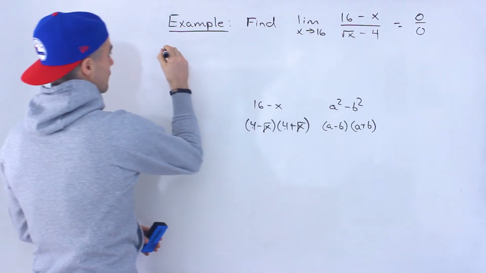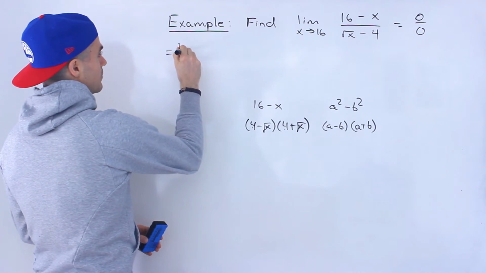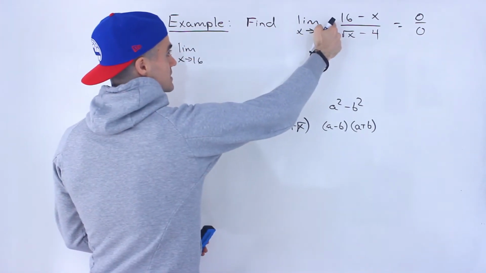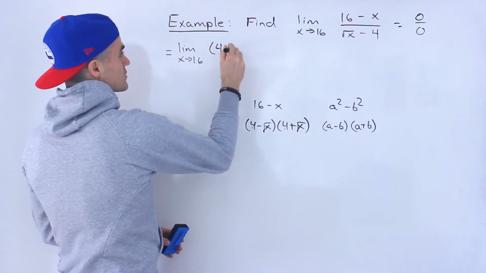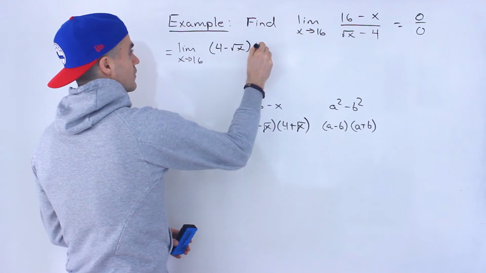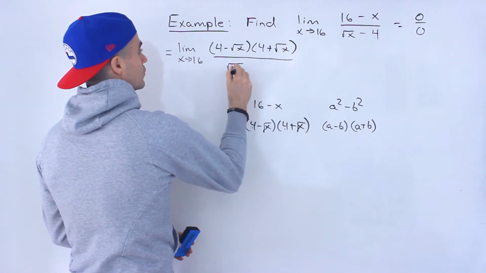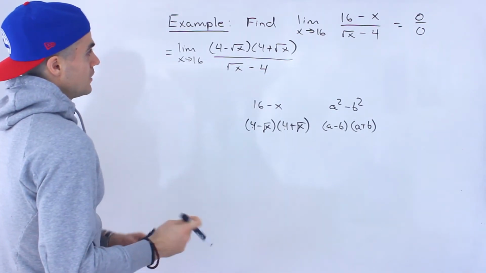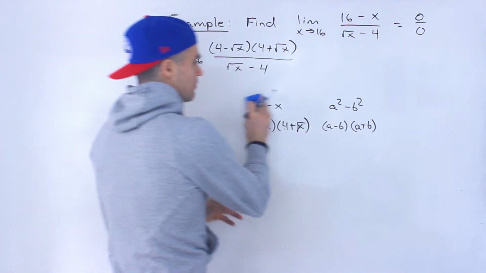Notice that we have a very similar factor in the denominator. So the next line here is basically this 16 minus x becomes 4 minus root x, 4 plus root x, all over root x minus 4. And notice that the 4 minus root x and root x minus 4 are almost the same, but not quite.